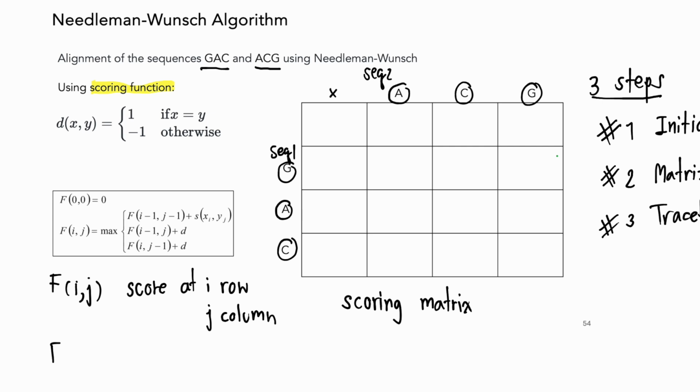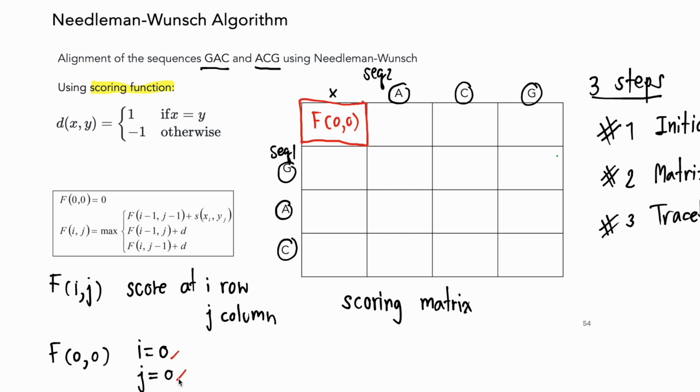If we have f at 0 and 0, it means that i equals 0 and j equals 0. This means the score of the first row and the first column here.